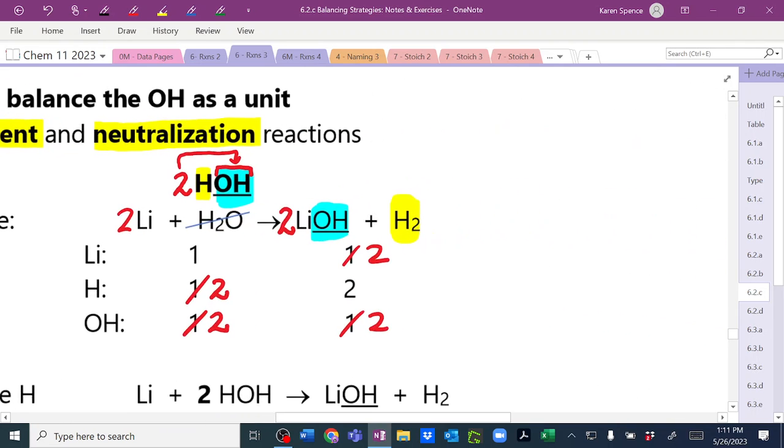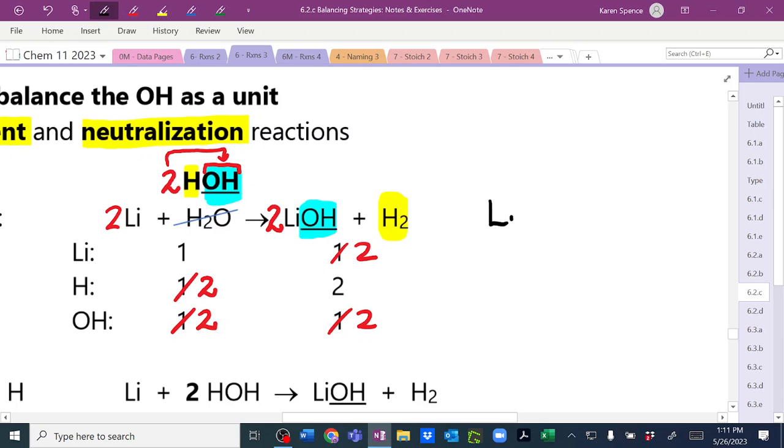However, we've got Li, and we're adding HOH. Now this H here, we have OH minus. That makes that H an H plus, yes? So that's our cation.